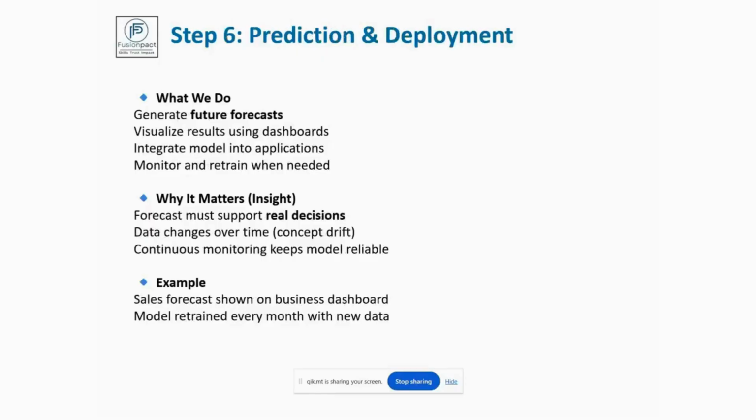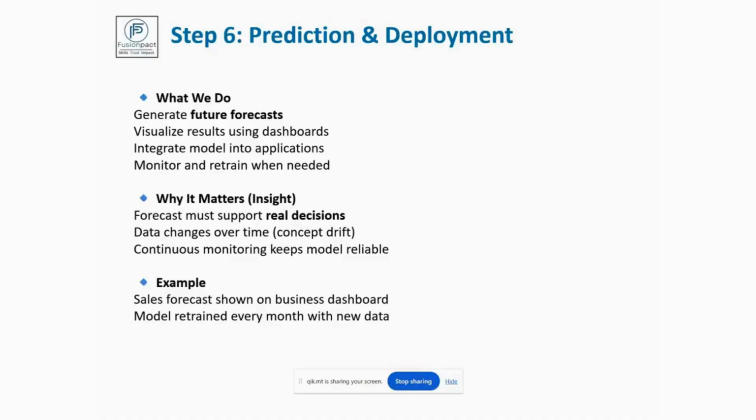Then the last step of this pipeline is prediction and deployment. Once the model performs well, we move to prediction and deployment. We generate a future forecast, visualize it on dashboards, and integrate it into applications.